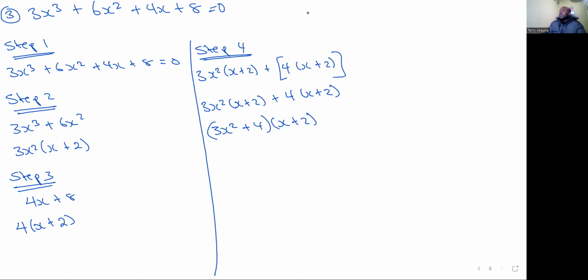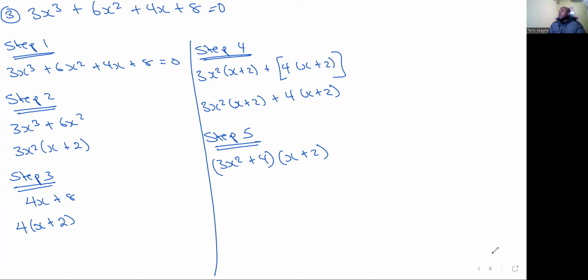Let me just clean this. Okay, better to clean. All right, then step 5, to make it easier to understand. So we're gonna have 3x squared plus 4, and we have x plus 2.